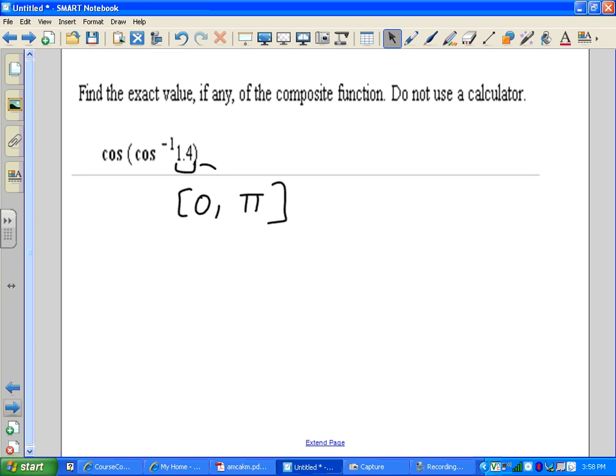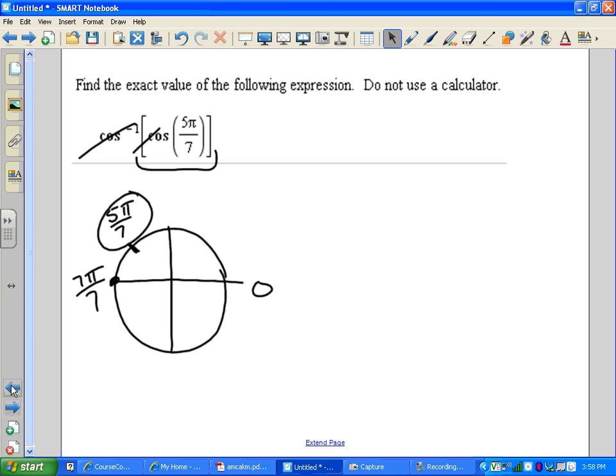Well, 1.4 is in between 0 and 3.14. And since that would be the first or the second quadrant, that would be okay, and then those would cancel out. So there again, you have to check the quadrant. So notice how, when my inverse cosine was on the outside, I looked at that value right there.